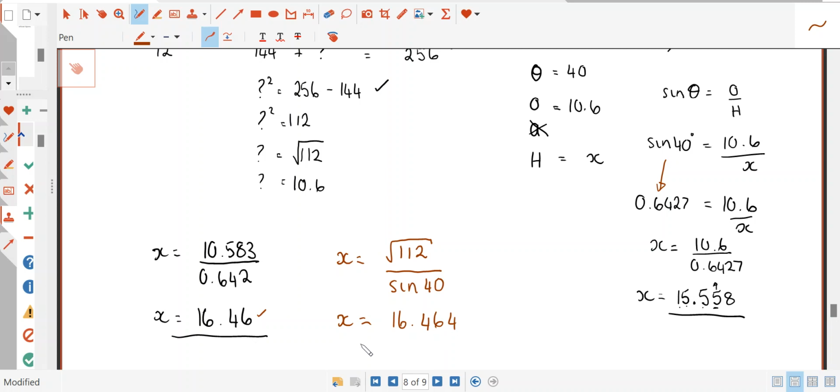I would give my answer finally as 16.5 because it's three significant figures. I would say that's fine as long as you show me all your work.